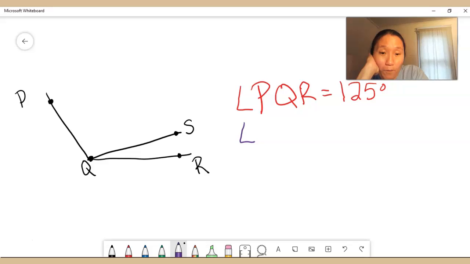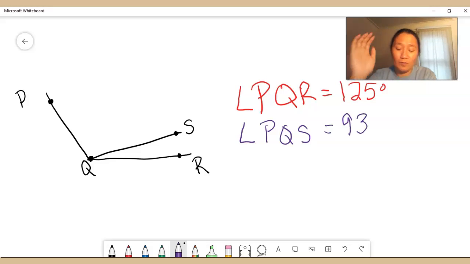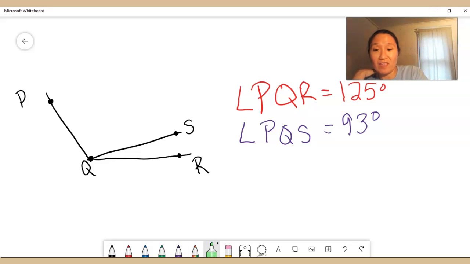The angle for PQS is going to be 93 degrees. So then, I ask you, you have got to find the angle for SQR. That's what your job is, okay?